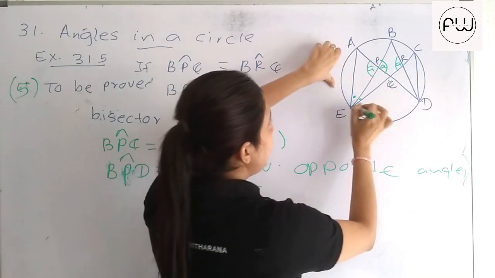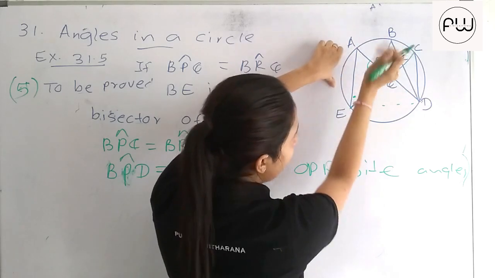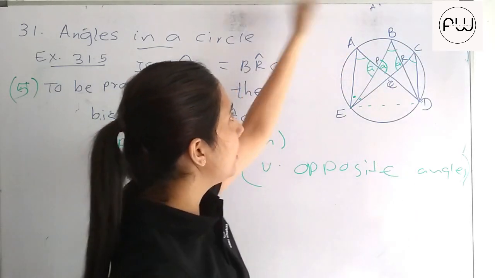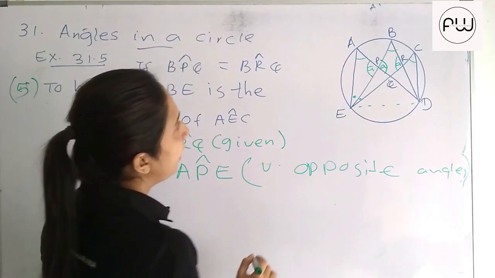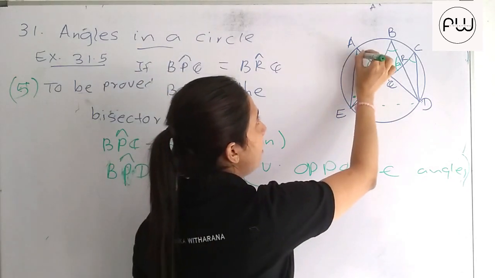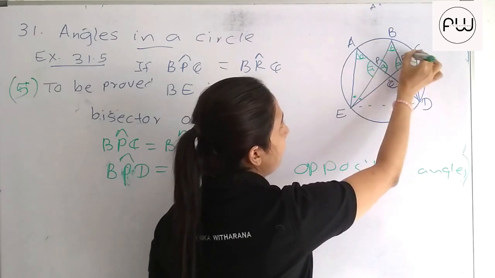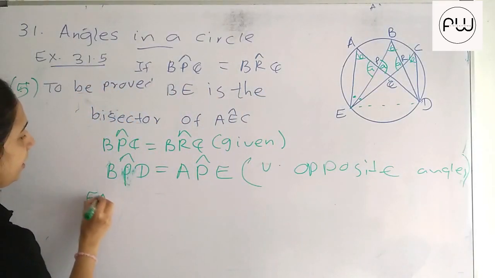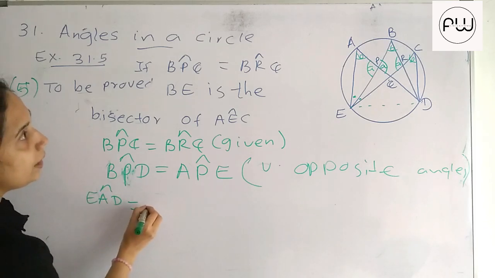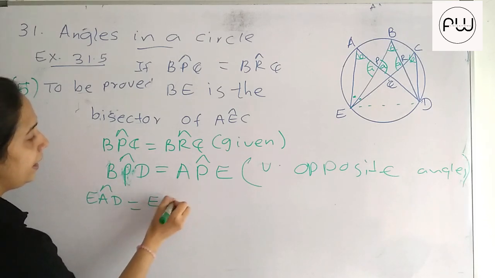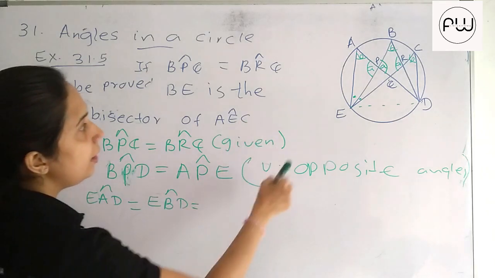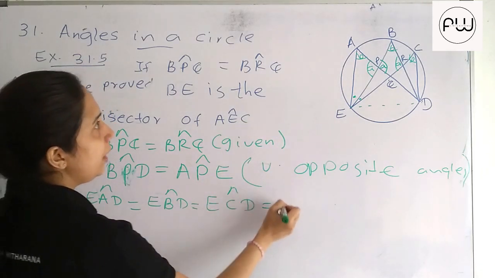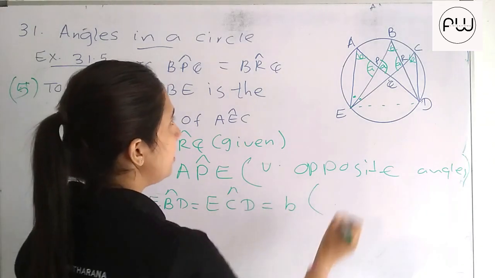Now consider this chord and this segment. All these angles are in the same segment. So now let's put a letter. I'll put letter B. Angle EAD equals angle EBD equals angle ECD equals B. What is the reason?